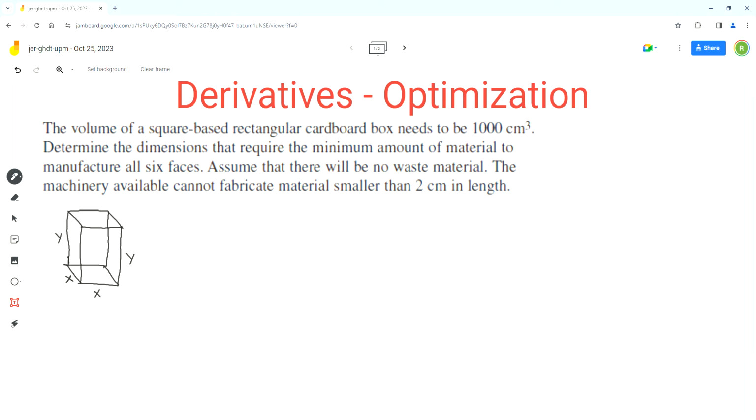Now we are given that the volume needs to be 1000 centimeter cube. And for a square-based prism, the formula for volume is area of base times height.